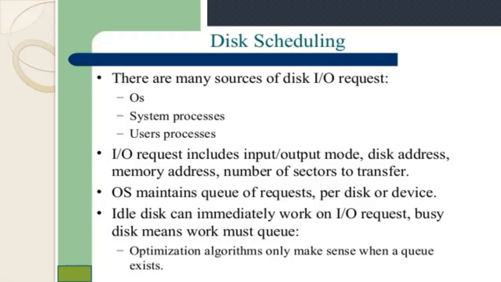Optimization means not only less wastage of resources but also in terms of output, proper utilization of resources. Yes, exactly. It can be in terms of time also. It can be in terms of performance also.